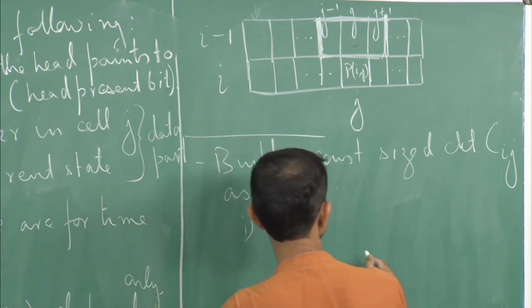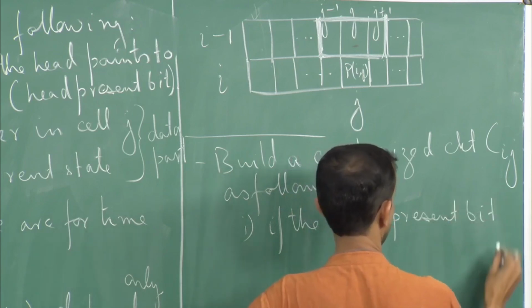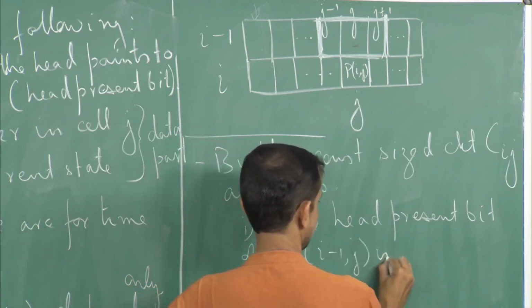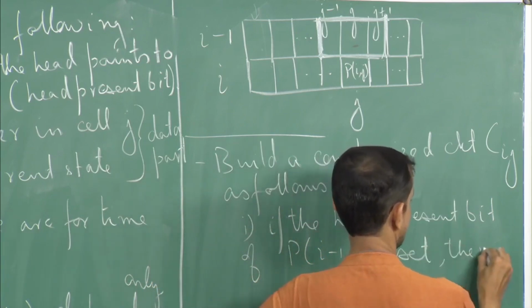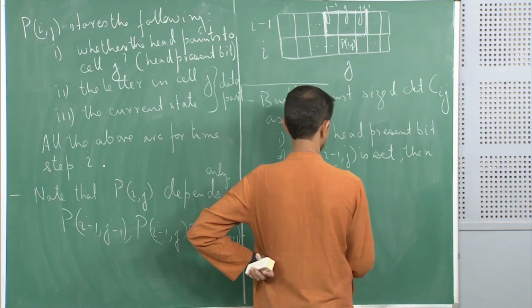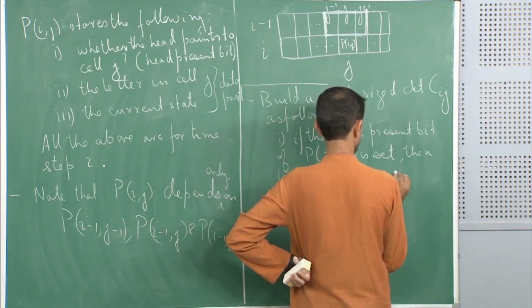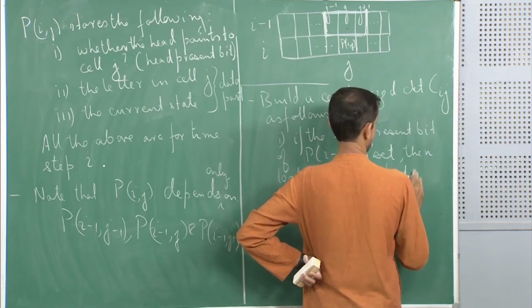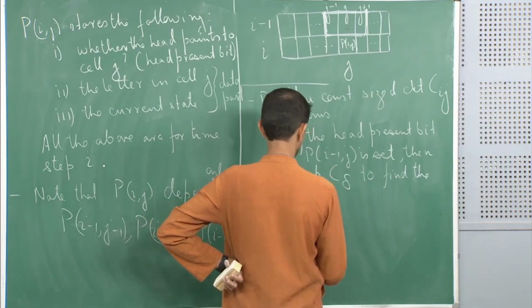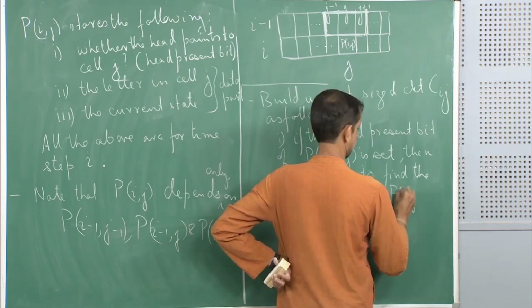So, if the head present bit of P i minus 1 comma j is set, then look up the circuit C delta to find the data part of Pij.